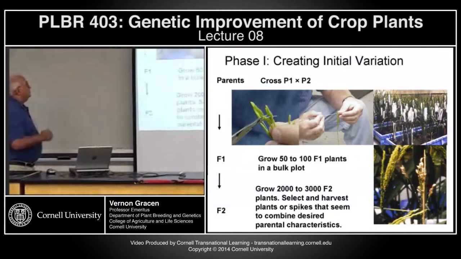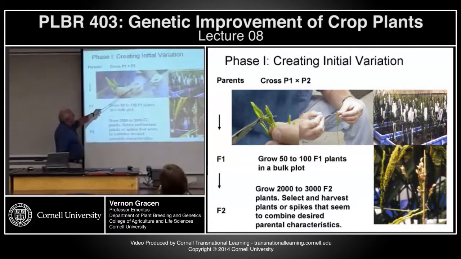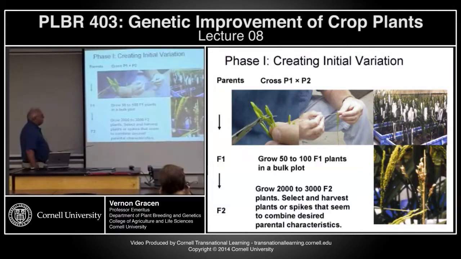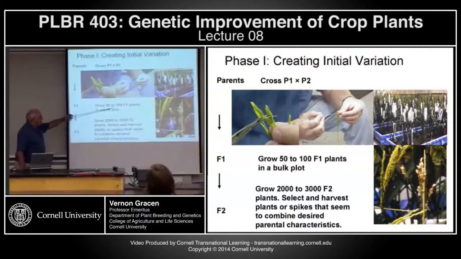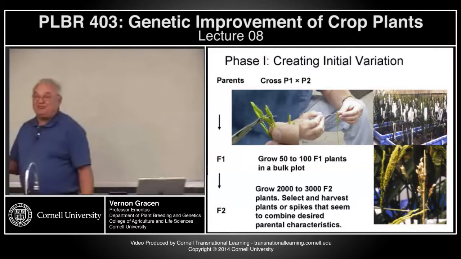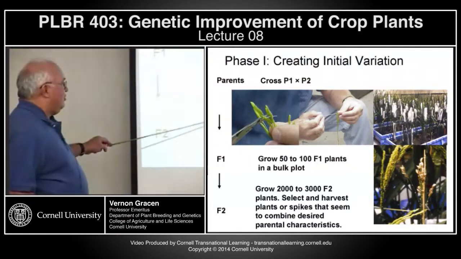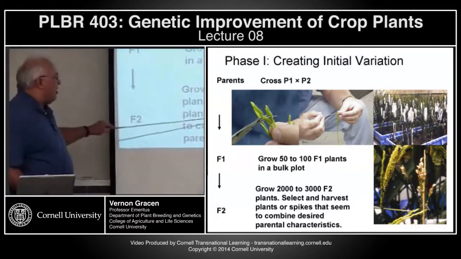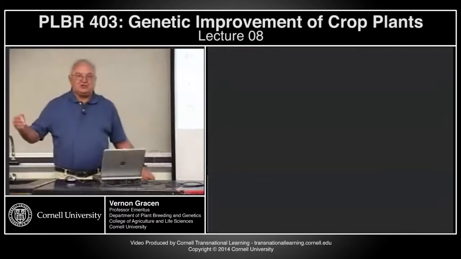So, to do the pedigree method, and we can do this for either method actually, this is sort of how you would make a cross in wheat. You grow 50 to 100 F1 plants, at least enough plants to get, here we say, 2,000 to 3,000 F2 individuals. Then you plant those F2 individuals, select and harvest plants or spikes that seem to combine the desired characteristics from each parent.